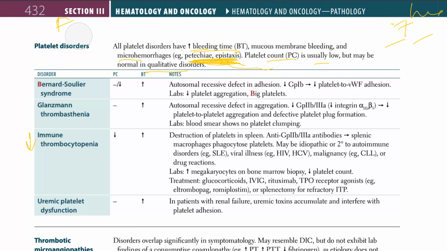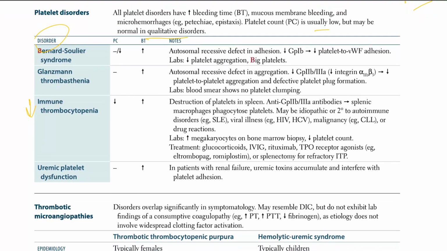Okay. So now let's look at the disorders of platelet problem. The disorders we have are the qualitative and the quantitative disorders.